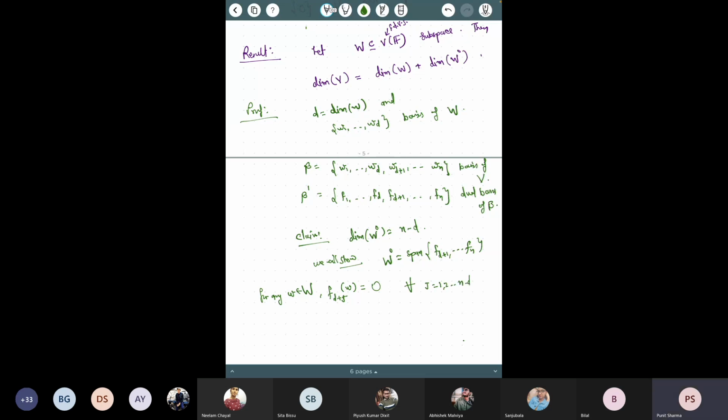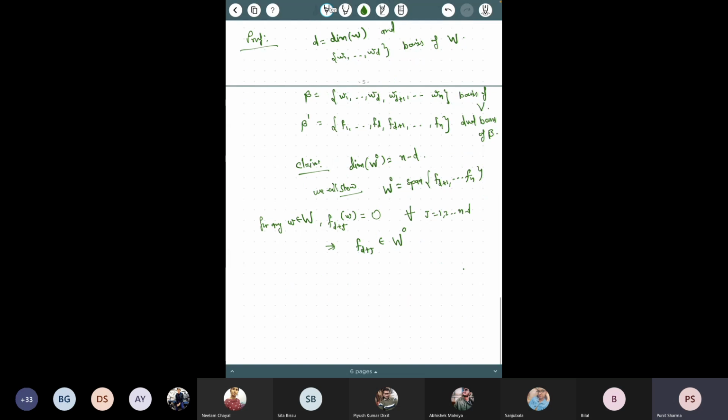But if this is true, then what does it imply? If for any w this is satisfied, then what can we say from here? Can we say that this f_{d+j} belongs to W annihilator? Yes.